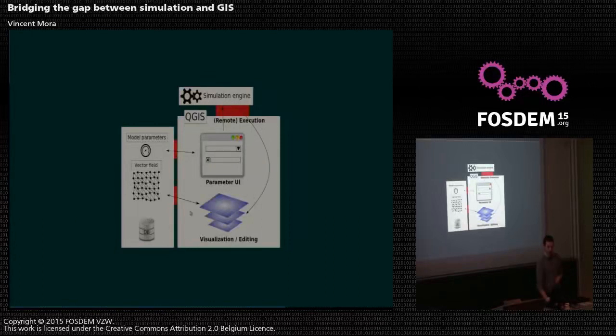The red squares here would be the API able to interrogate, to request data and to modify them, in order for instance, QGIS to visualize these vector fields and to be able to edit them, and also to be able to tune the simulation parameters, and also to call the simulation engines that could be eventually remote.